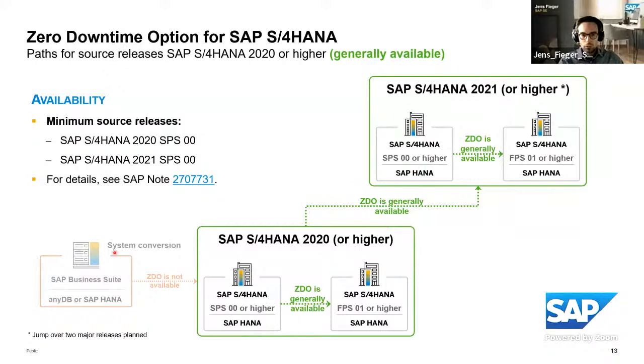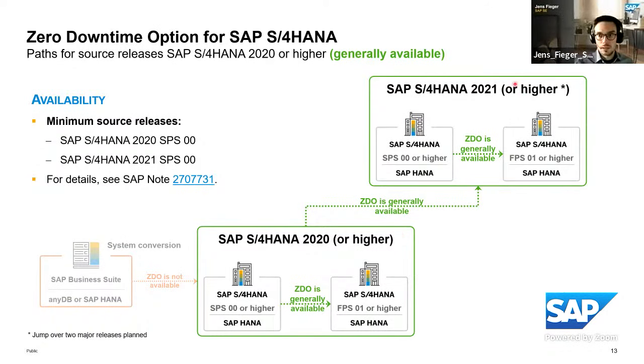Also, what's important to know is that system conversion, the topic that Boris typically represents, has different approaches for downtime optimization. There is no zero downtime system conversion. There is no way of doing that. So I said 2020 or maybe 2021, any support and feature pack can be upgraded to any support or feature pack of a next higher version.